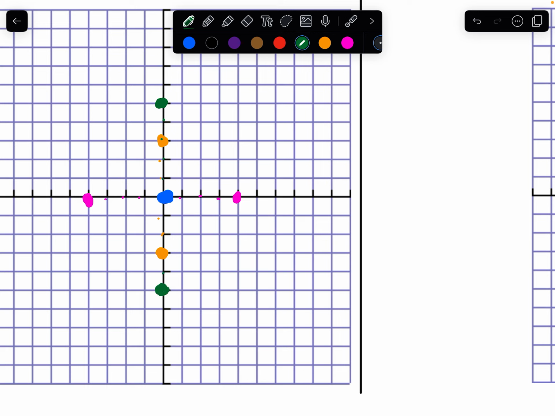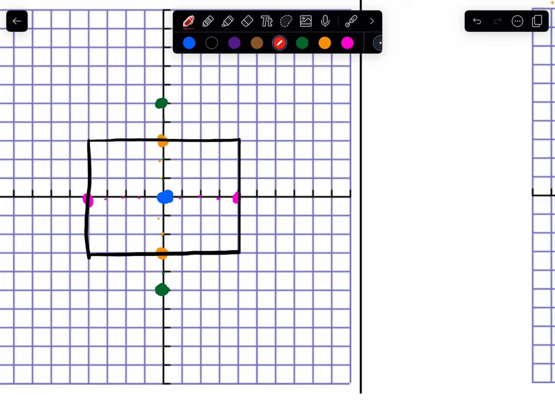So if I'm going to draw my box, yeah, better if I just don't do all of the things that I like to do. Here, there's my box. It's going to be opening up and down.